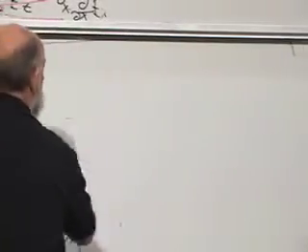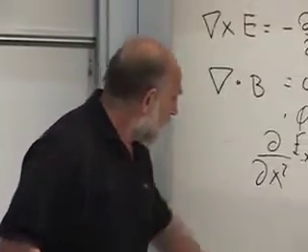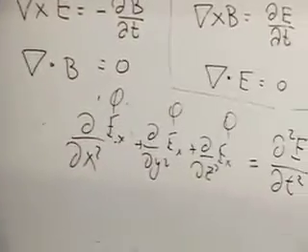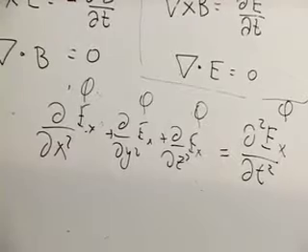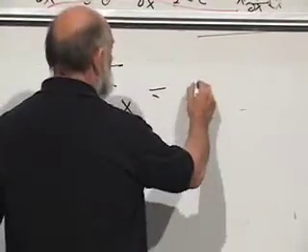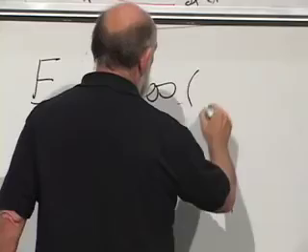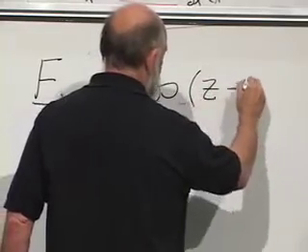All right, let's see whether we can build ourselves an electric wave, an electromagnetic wave. This equation has solutions of the form, for example, let's just take a simple example, Ex is equal to cosine of z minus t.